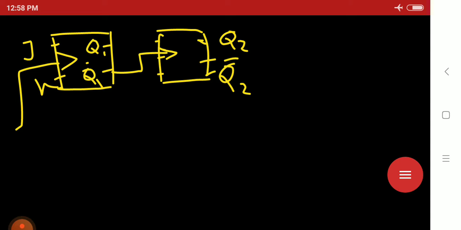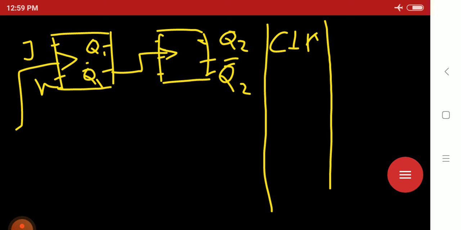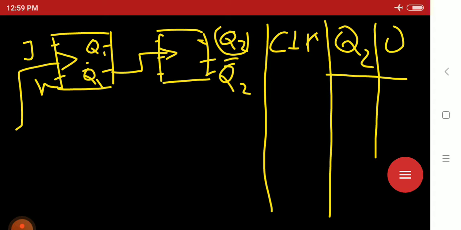Here the complement is connected to the second flip-flop. In the truth table we have the clock, Q2, and Q1. First nothing is given, the clock is not given, that means Q1 is 0 and Q2 is also 0.